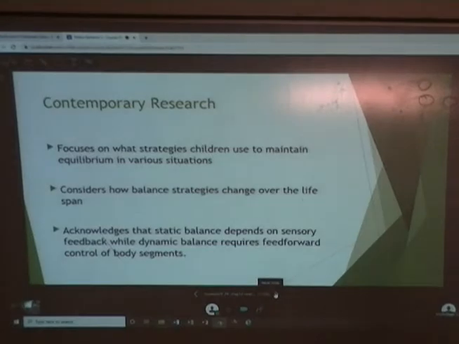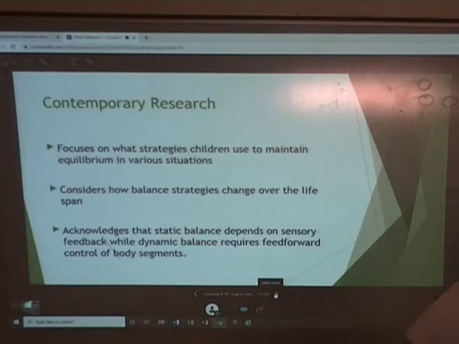And we have to recognize that typically, if I'm doing a static task, I rely on sensory feedback to keep me stable, right? Visual, kinesthetic, joint receptors, all these things. But when I'm doing dynamic tasks, I can't react to the task and try to maintain my balance after the effect.